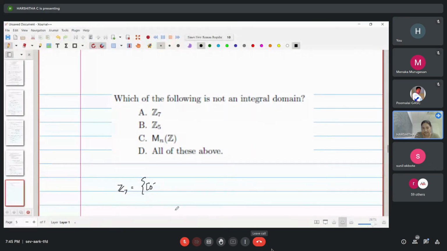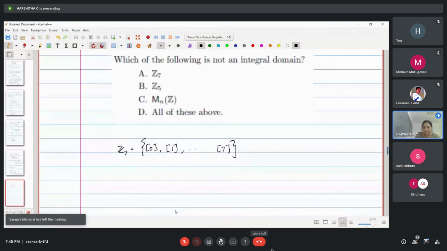In class, I think it was denoted like this. And the operation is addition modulo 7 and multiplication modulo 7, which means if you take two elements, let's say 2 plus 6, what is this?